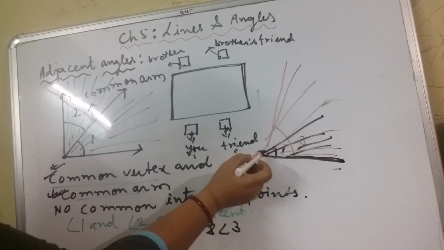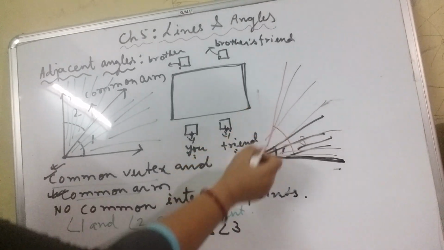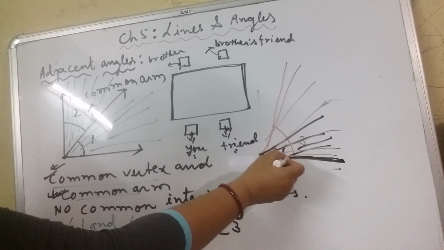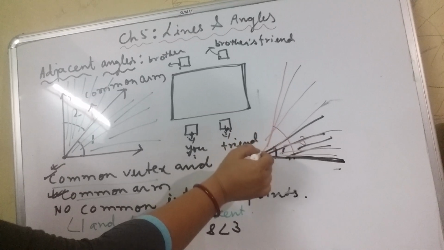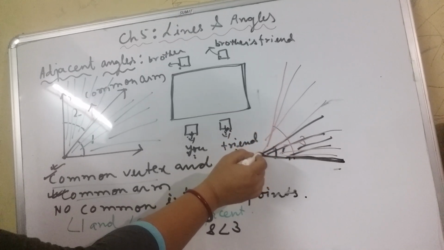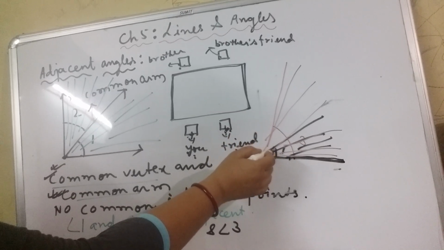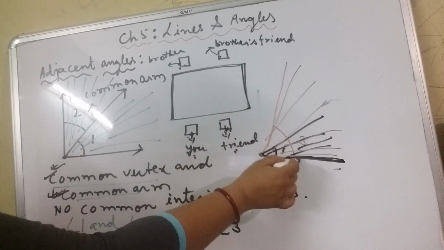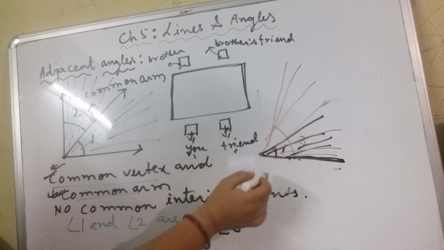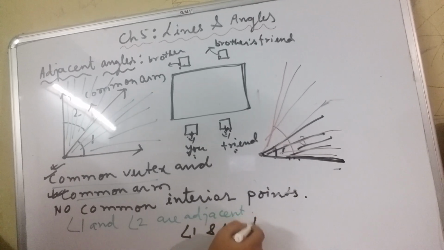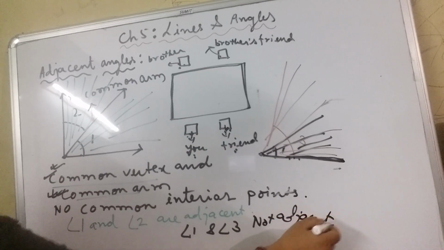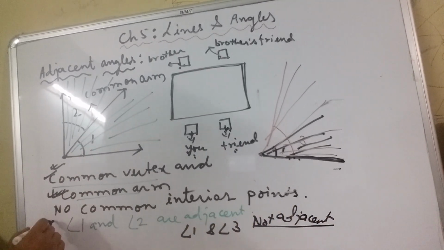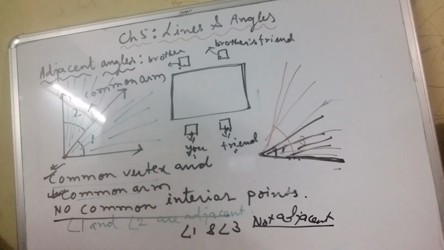No, because angle 3 is a bigger angle and angle 1 is a smaller part of angle 3. So angle 1 and angle 3 are not adjacent. So this third point is also required.